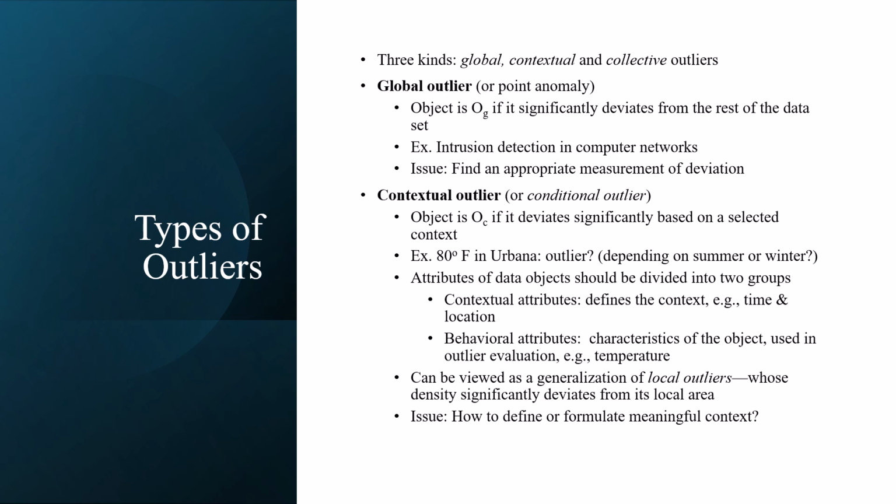These define the object's characteristics and are used to evaluate whether the object is an outlier in the context to which it belongs. In the temperature example, the behavioral attributes may be the temperature, humidity, and pressure. So it can be viewed as a generalization of the local outlier, whose density significantly deviates from its local data. Then how to define or formulate the meaningful context?